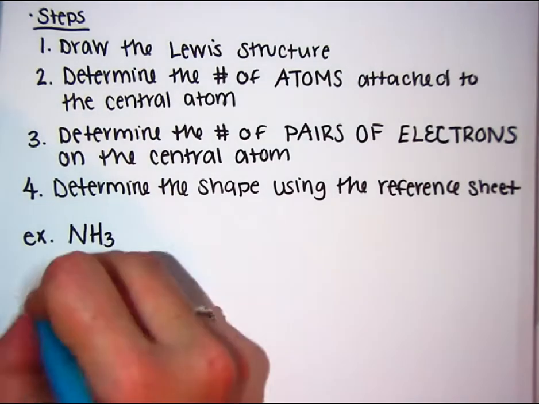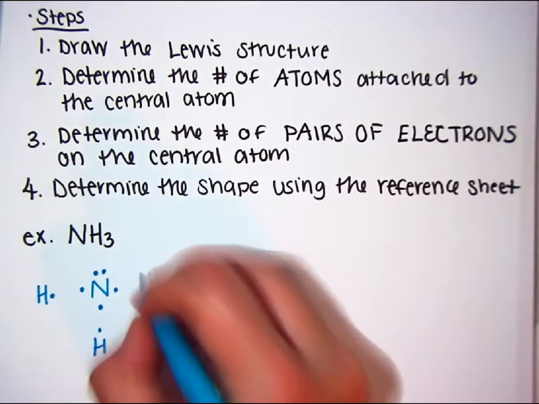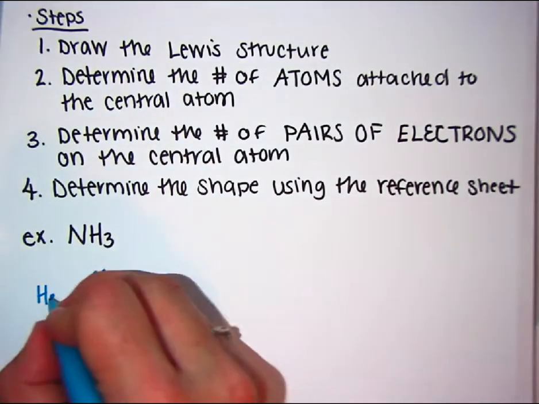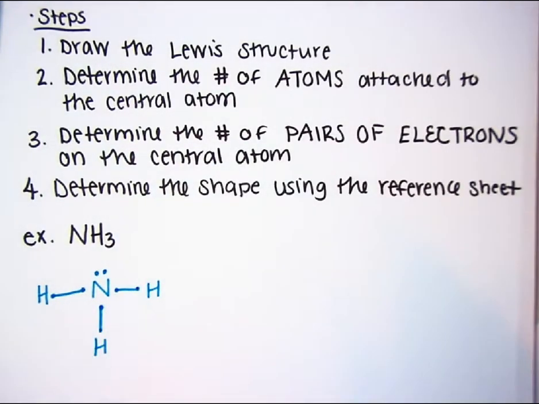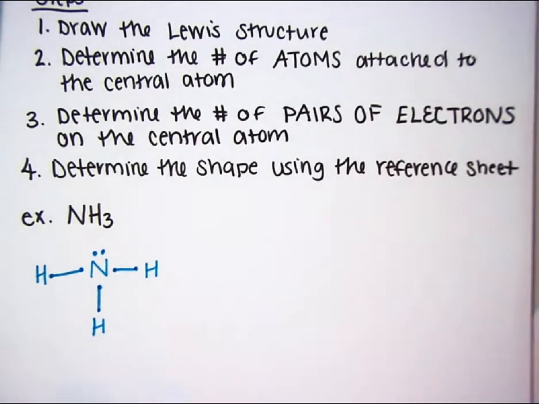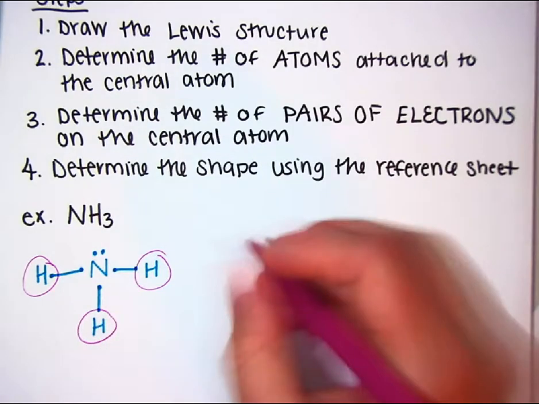I have 3 hydrogens to place. Hydrogen is in group 1. Hydrogen has 1 valence electron. Unpaired electrons are going to be shared, and we're going to form a bond. Step 2. Determine how many atoms are attached to the central atom. 1, 2, 3.